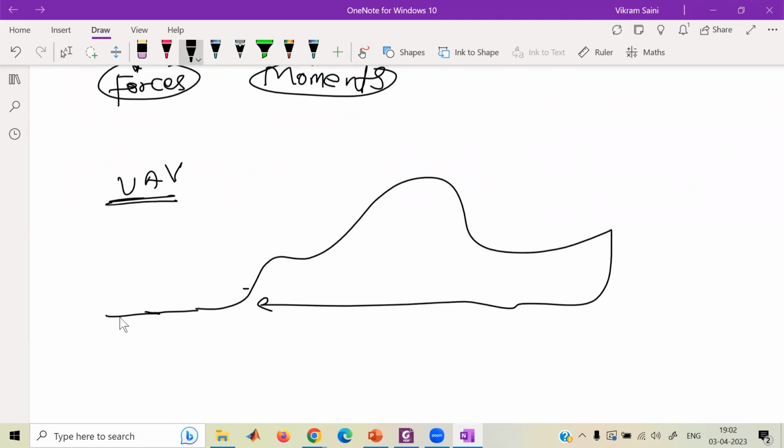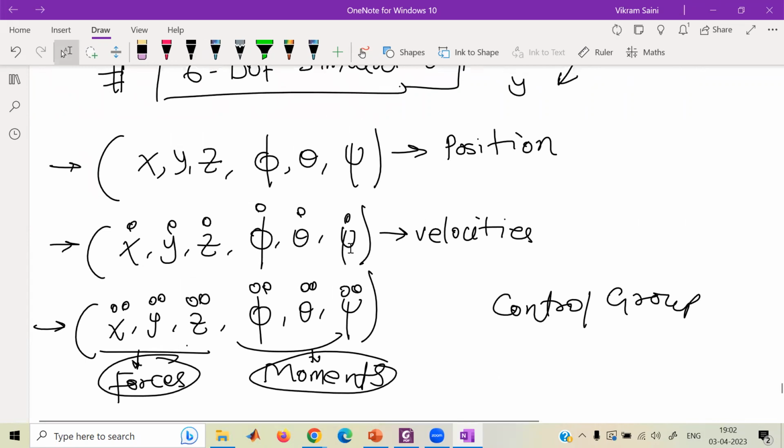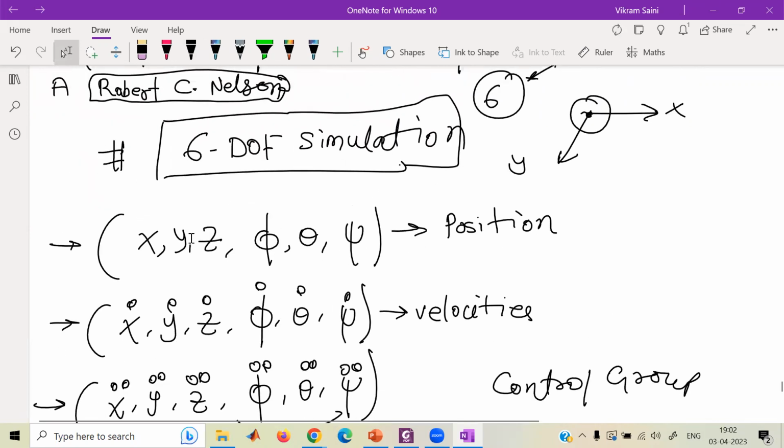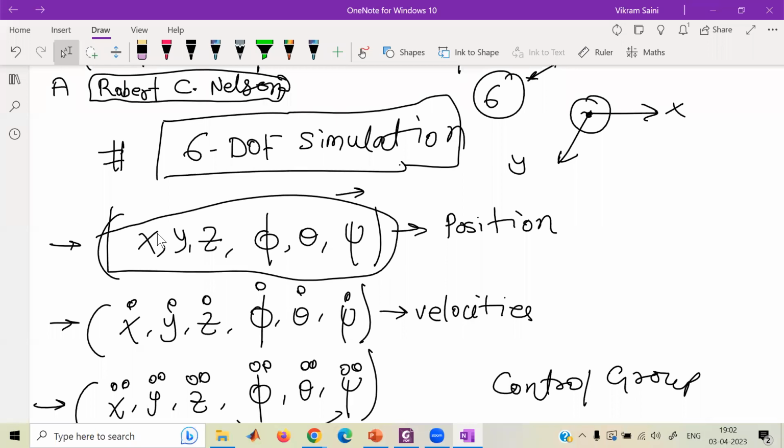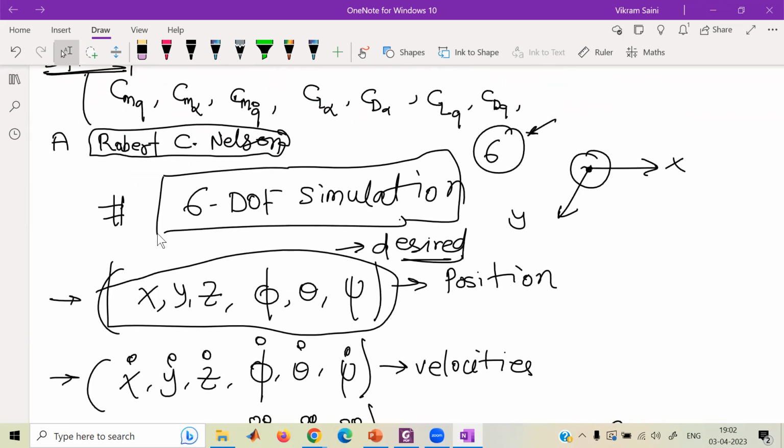You define the trajectory, and the aircraft needs to follow it, so you need to compute these forces and moments. These forces and moments generate the velocities, and the velocities generate the changes in x, y, z and the orientations. You decide the desired values for these. That's how you do 6 degree of freedom simulations.